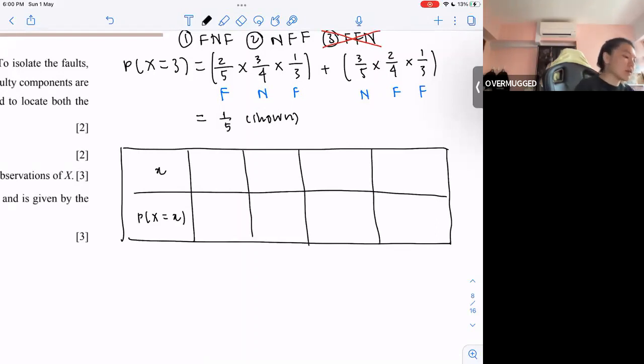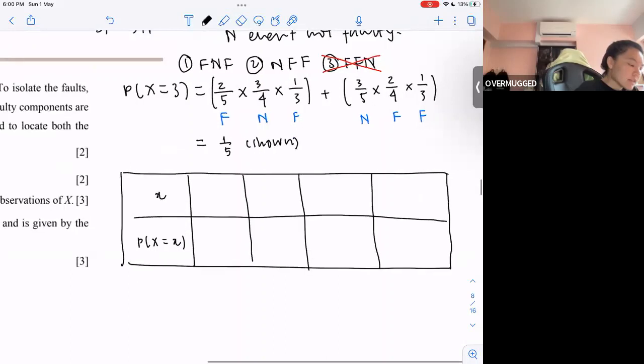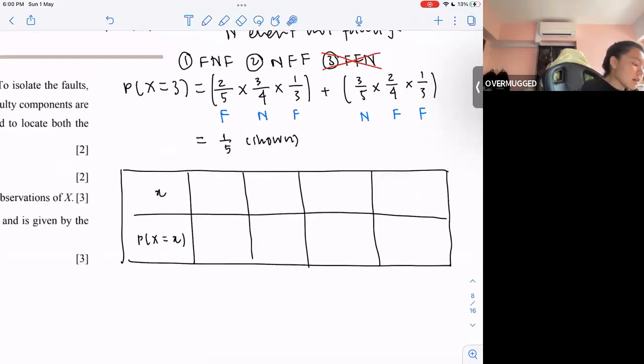Obviously, we have 3. Can your x be 1? No, because remember, the experiment only ends when both the faulty components have been found. And there are 2 faulty components. So x being 1, you find 1 faulty component, it's out. So the minimum is what?